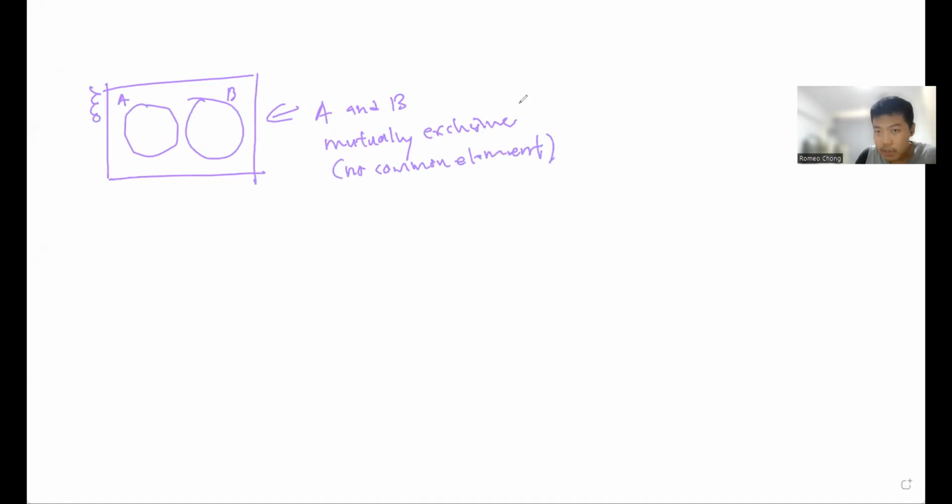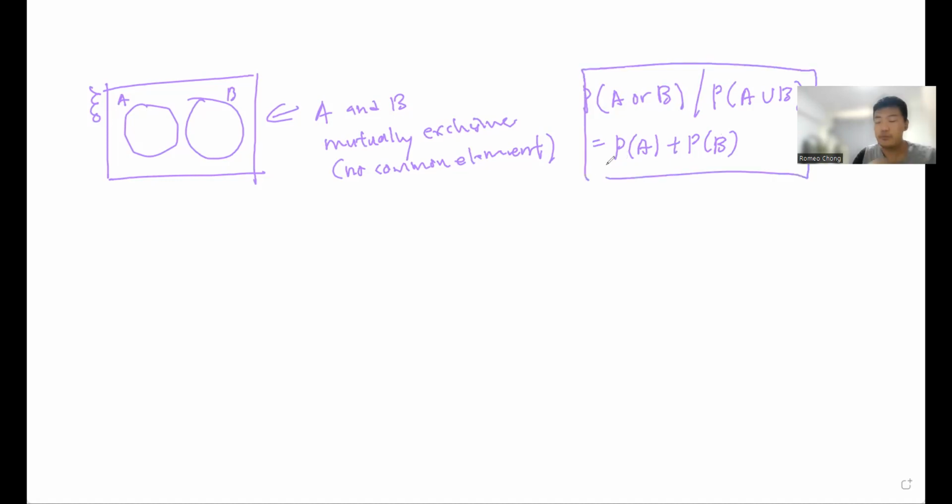So when I ask for the probability of A or B, or I use this symbol A union B, then the probability will be PA plus PB straight away. Because you just need to see how many elements in A out of the total plus how many elements in B out of the total. That will be the one for mutually exclusive, which is the addition.